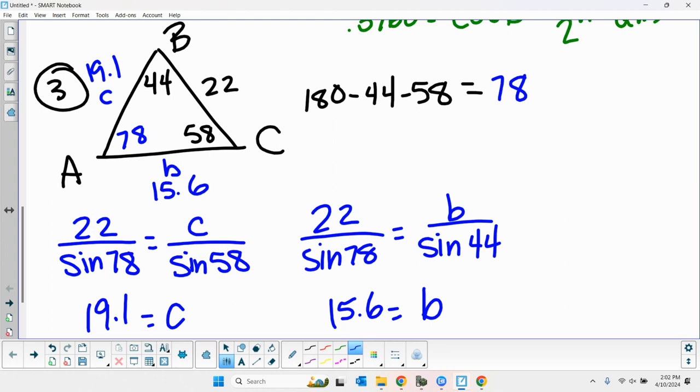Adam. Does it matter when you use say 22 over 78? Yeah, doesn't matter which one you use if you're trying to figure the other one out. Since A is the first one I got, I use it twice.